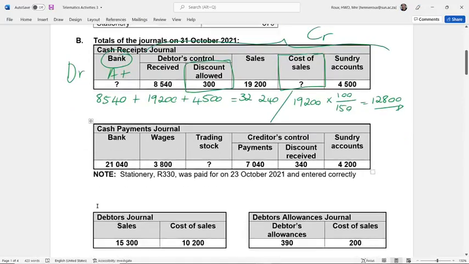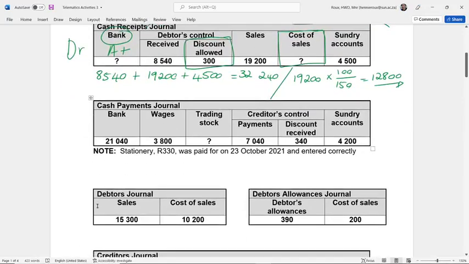In the CPJ, we pay money. So in the CPJ, we credit bank. This is an asset that decreases, so we credit bank. And we debit all the rest except for discount received. This is not money that we paid.